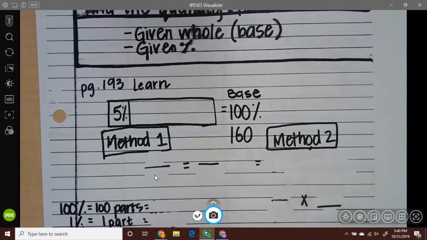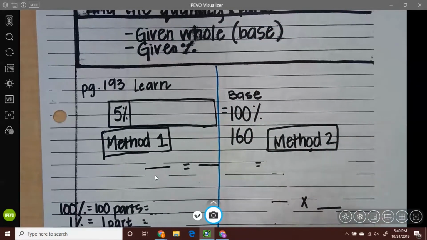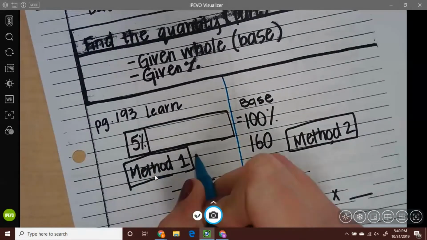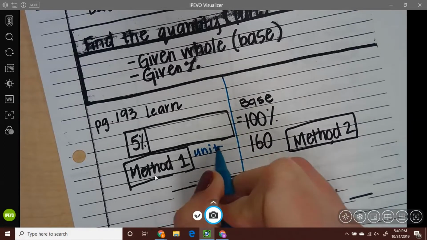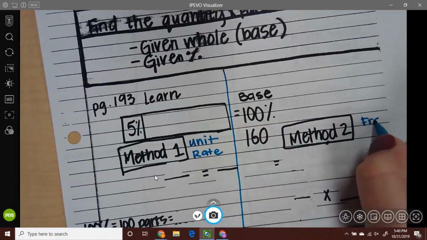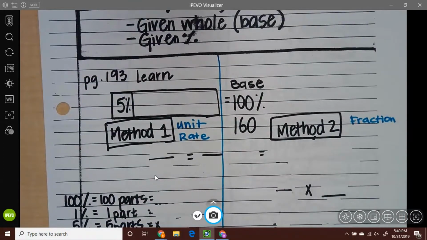And then we'll do method number 2, which is going to be your fractional method. And then we're going to do method number 3, which is your decimal method.